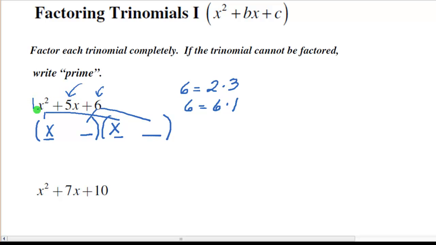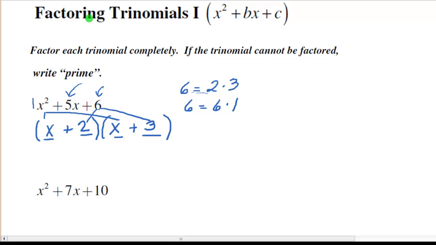That works when this is a 1. When this is not a 1, we'll do another video on that. But for now, two numbers that multiply to 6 and add up to positive 5 are positive 2 and positive 3. So that's what we're going to put here: plus 3 and plus 2.